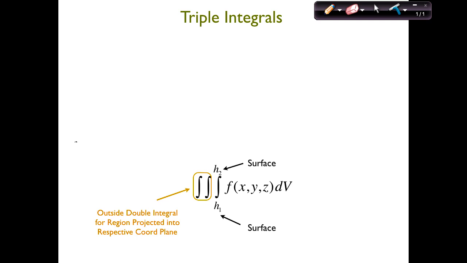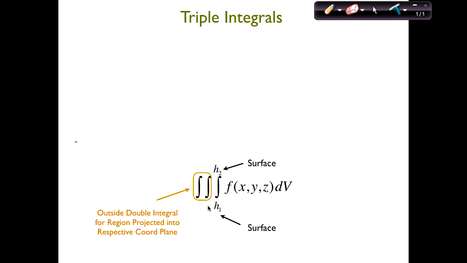So it's the double integral for the region as the solid is projected into one of the coordinate planes. We're going to take that solid, that E solid, and project it, say, into the XY plane. Like, take the shadow of it, or if you smashed it straight down, what would you get? You get a region in the XY plane. So this is what we know already. Once you've got that region, this is going to be a double integral.